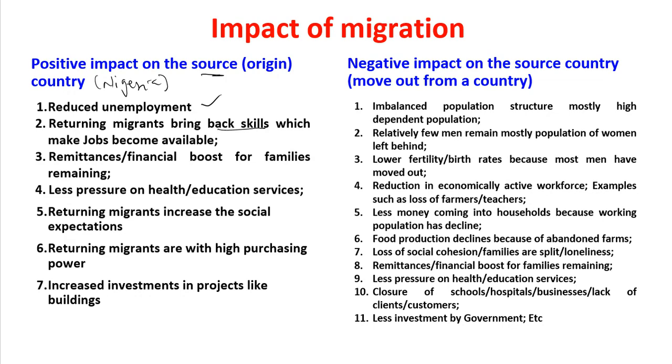When they are in the destination country, one importance is also remittance, where they send money back to their family members at home, which helps to boost the financial capabilities of these families. Also, there is less pressure on healthcare, because most of them have left the country, so there will be less pressure on healthcare and educational services.